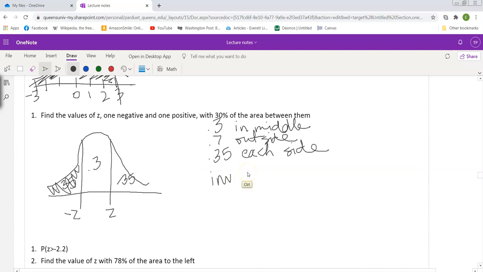I keep wanting to do INV norm because this is called something different on each computer program, and I teach I think 4 different versions of this class with different software, so bear with me on that. NORM.S.INV 0.35. That gives us the lower one.